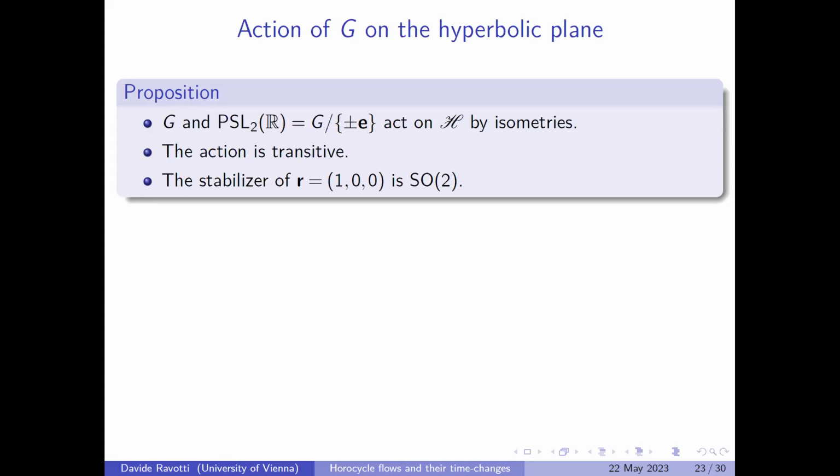And not only G, but also the quotient of G by plus or minus the identity. So PSL2R acts on the hyperbolic plane by isometries. We can see that the action is transitive and it's not faithful. The stabilizer of one point, for the point 1, 0, 0, is the rotation subgroup, SO2.